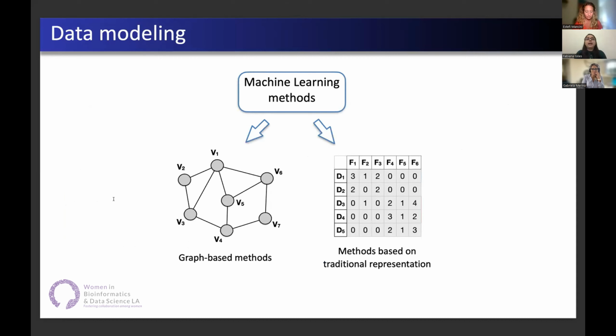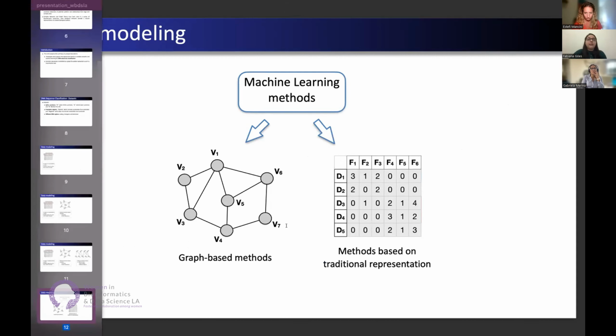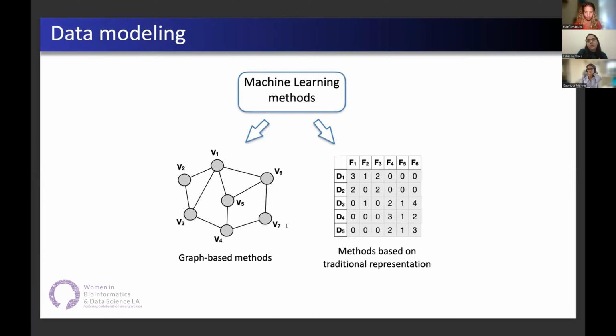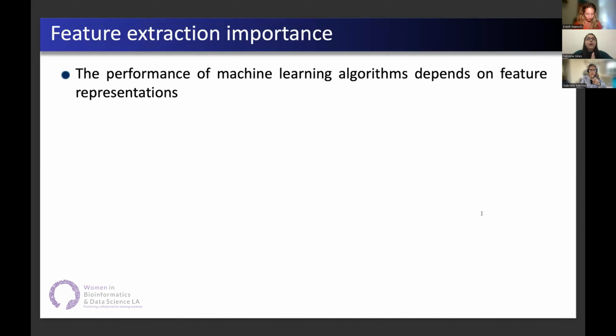These machine learning methods can be applied in different types of modeling. You have graph-based methods applied to graphs or complex networks, and traditional machine learning methods that perform on traditional representation, like feature vectors. One important point is that the performance of machine learning methods depends directly on feature representation. So you need to have good feature representations, extract good features to achieve good performance.